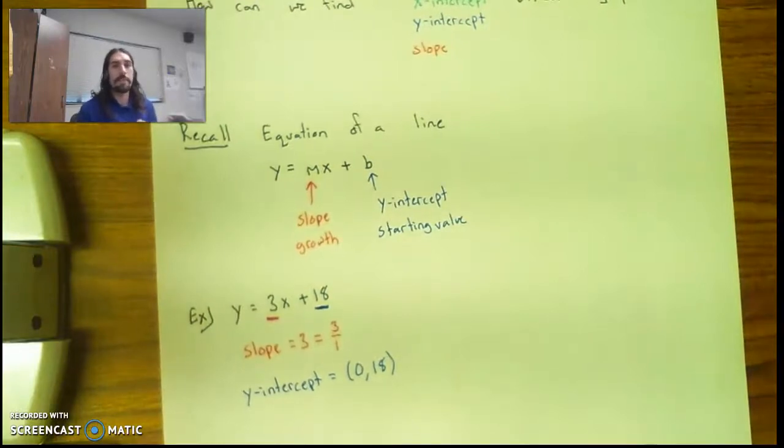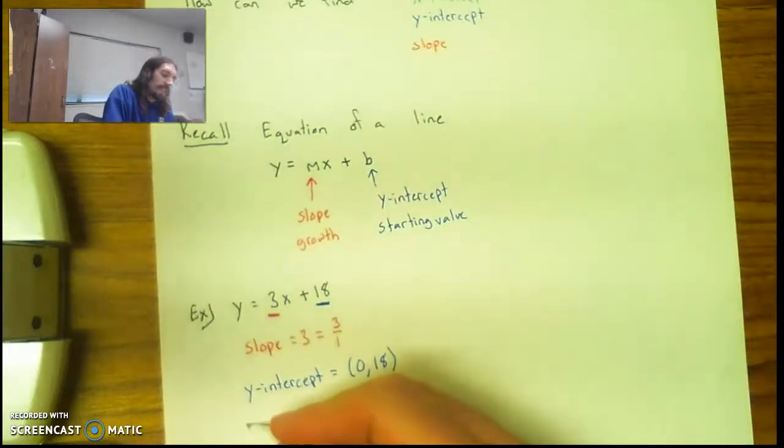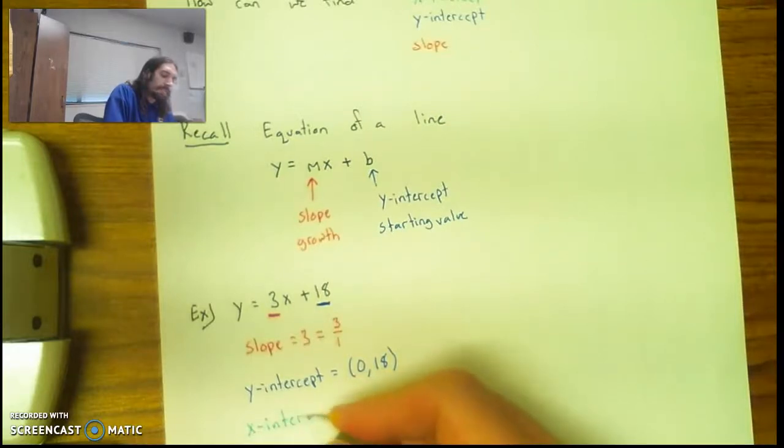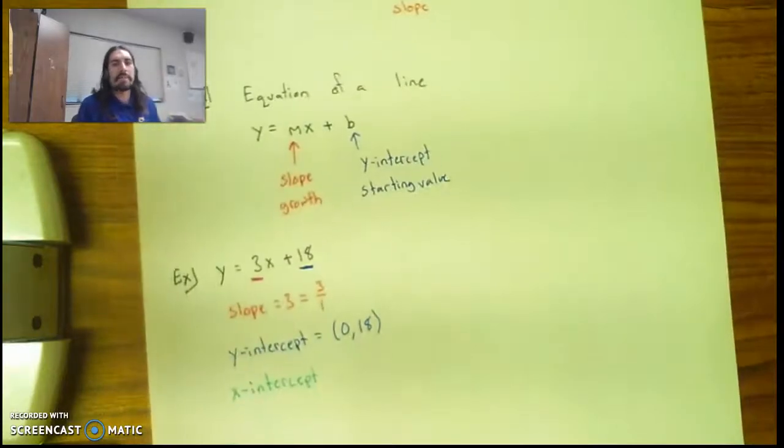So I've now found 2 of my 3 traits. Where it gets a little more interesting is when we decide, let's find the x-intercept. I've already used all the numbers that I have, so the x-intercept isn't just sitting there for me, but I can find it pretty easily, and here's how.